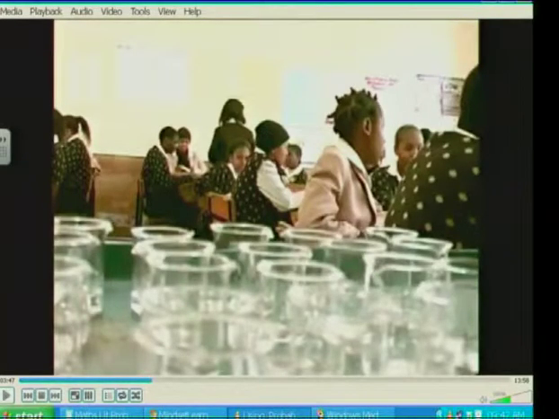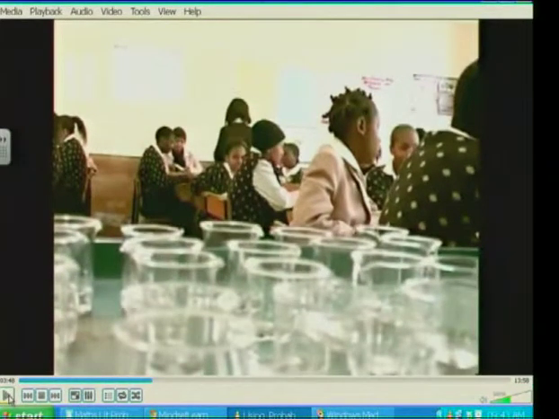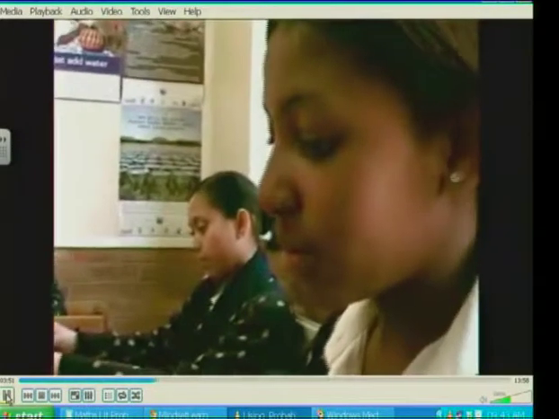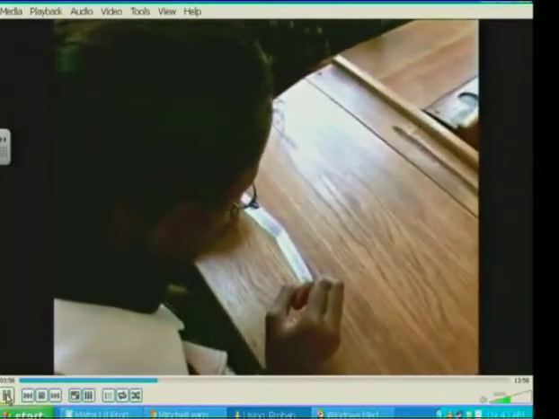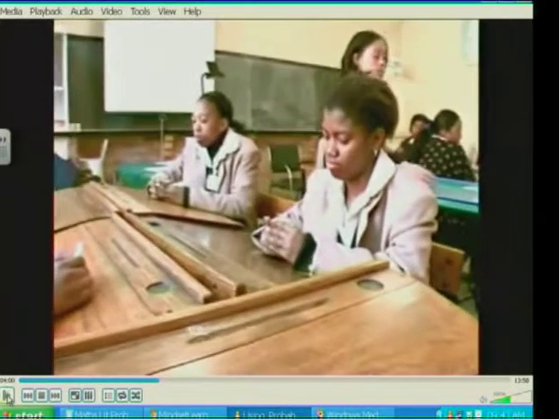What this particular teacher set up was a science-type experiment where she had a whole lot of beakers, and they gave out to learners behavior notes to say how they were to behave.